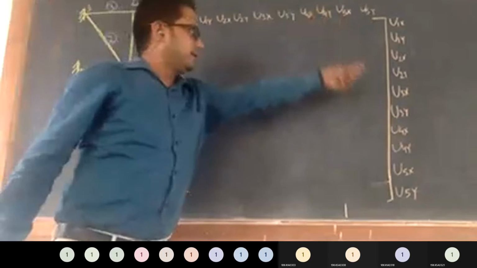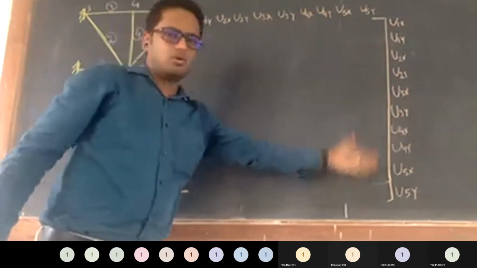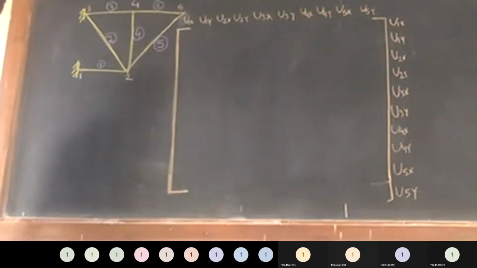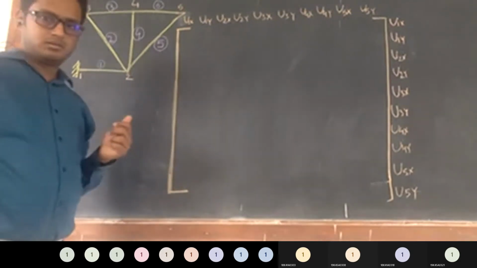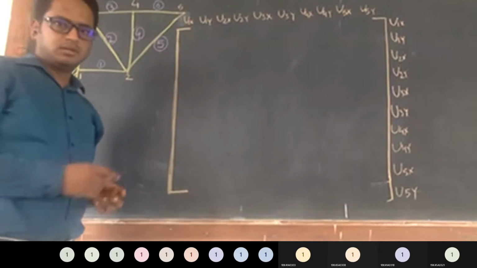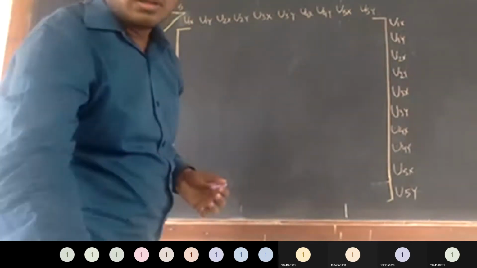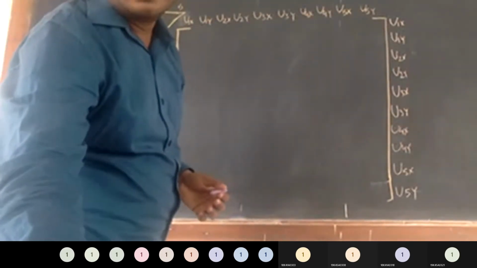So I have written all the 10 numbers on the top as well as on your right hand side. Hello, sir. Yes, one member is in the lobby, sir. Why are they joining late?